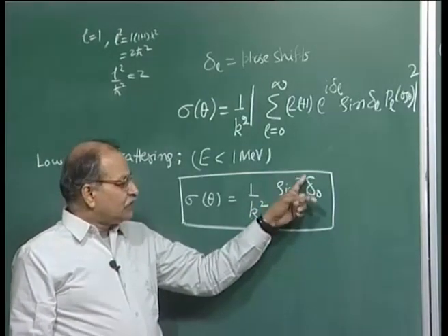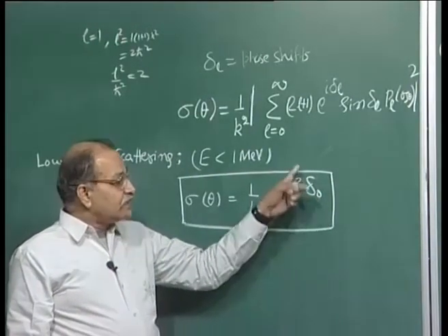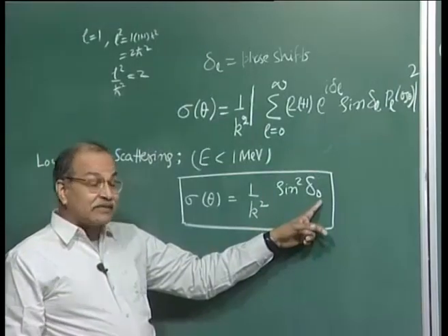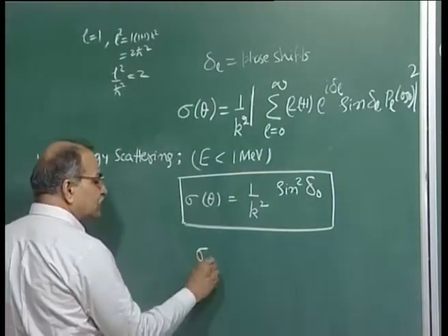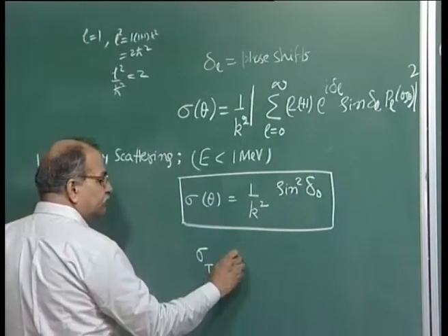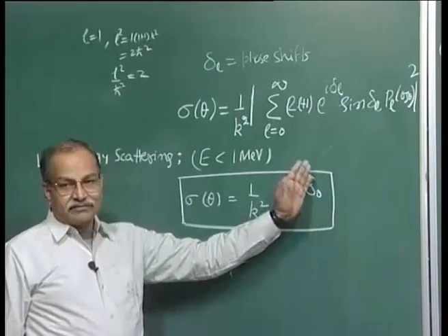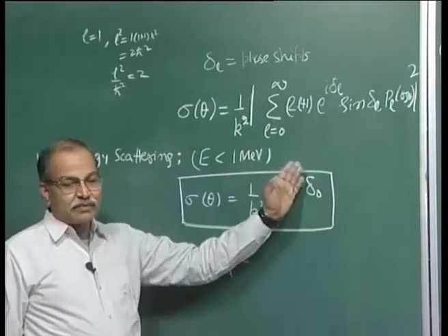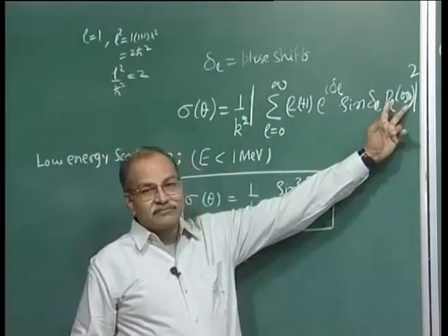So, if you can get this delta 0 from theory and this delta 0 from experiment, because the total cross section you can write, all theta phi integrated. Since in this expression you do not have any theta phi, theta is coming from here.